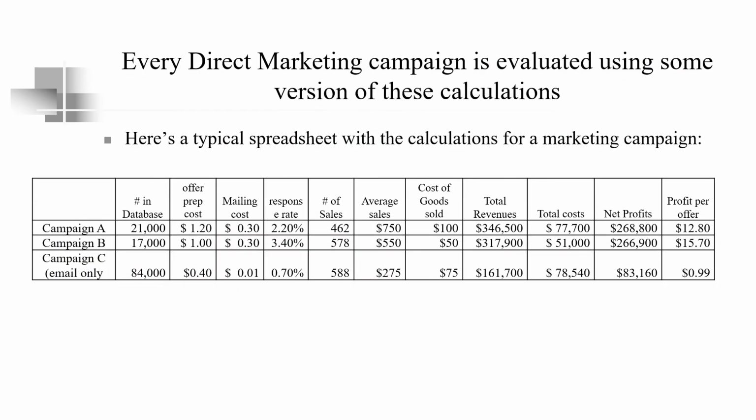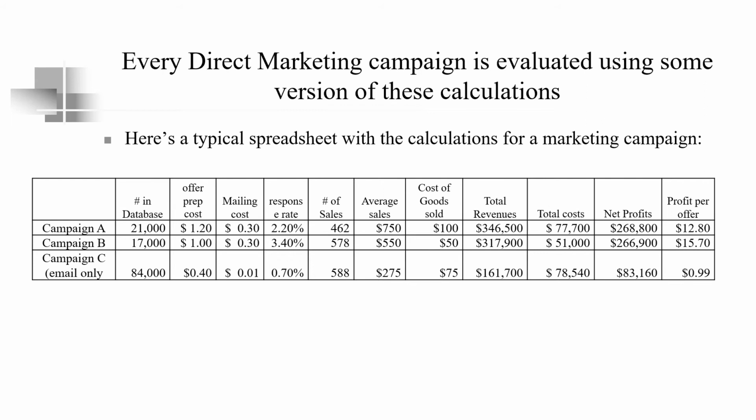Every direct marketing campaign is evaluated using some version of those calculations. Here's a typical spreadsheet with the calculations for a marketing campaign. So for the same company, we have campaign A, campaign B, and campaign C. And you can go through here and see the number of people in the database who the offer was made to, the offer prep cost, the mailing cost, the response rates, the number of sales based on that response rate, the average sales, the cost of goods sold, total revenues, total costs, net profits, and then profit per offer.